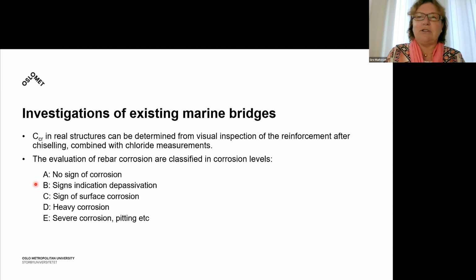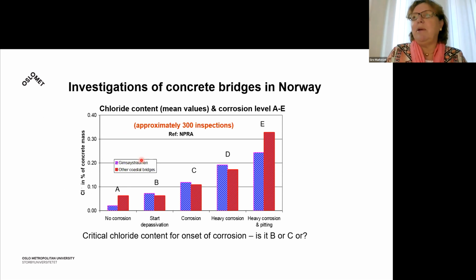So this is a typical system often used in inspection of existing bridges. If you use this system and combine it with chloride measurements, the Norwegian Public Roads Administration found this kind of results.